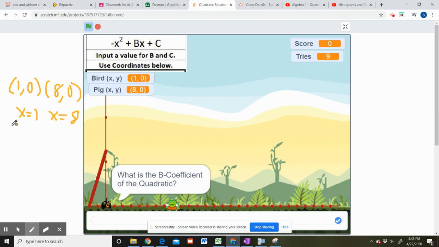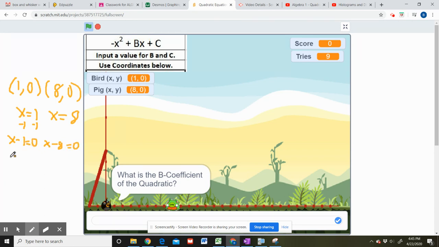Okay, so then if we solve them, set them equal to 0, I want to bring the 1 to the other side: x minus 1 is equal to 0. And then this one, I subtract 8 from both sides, and I get x minus 8 is equal to 0.